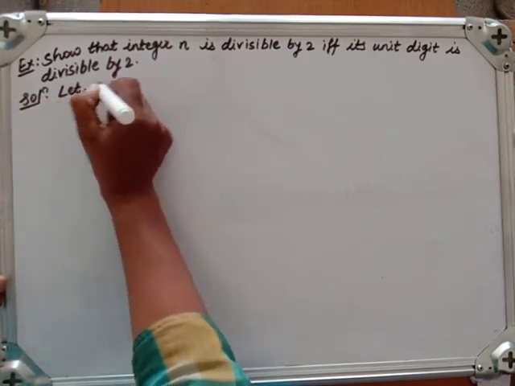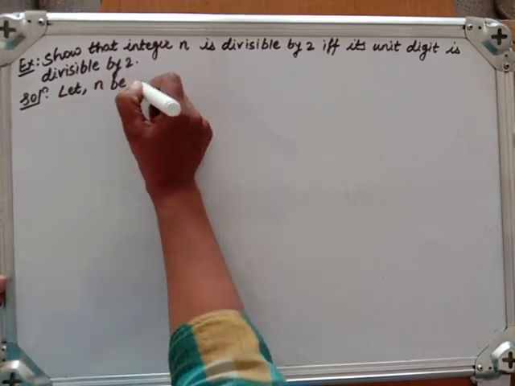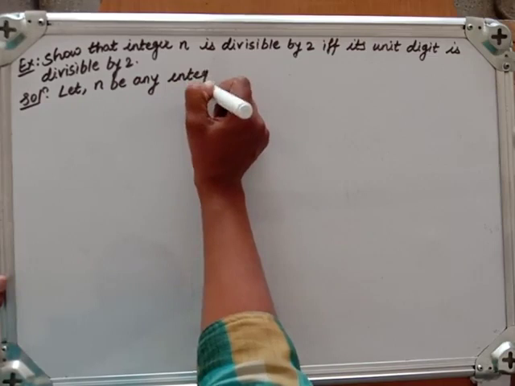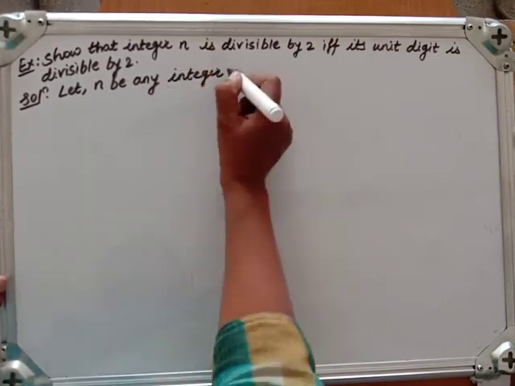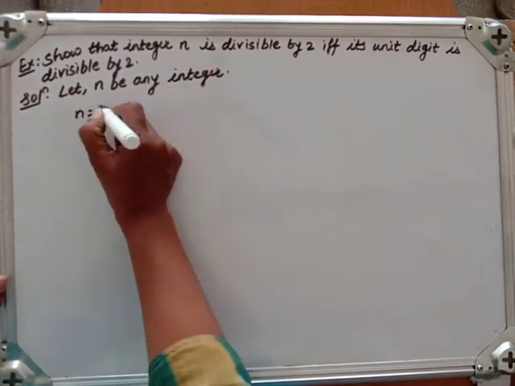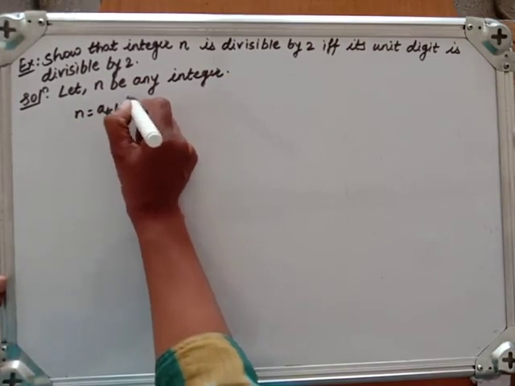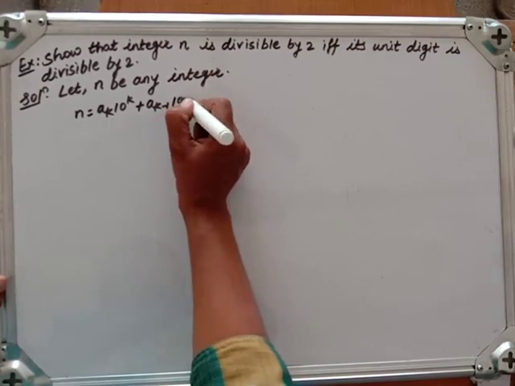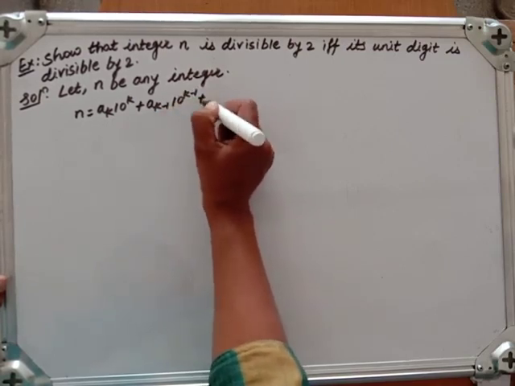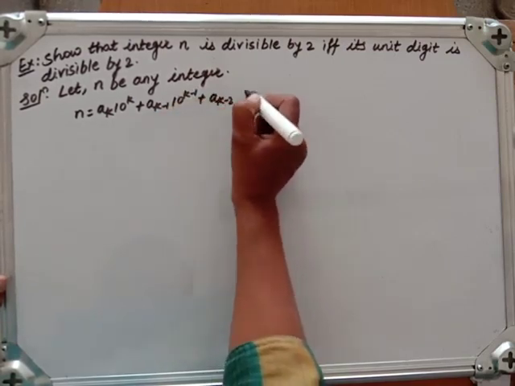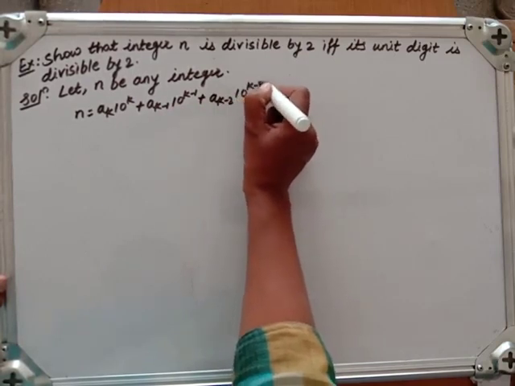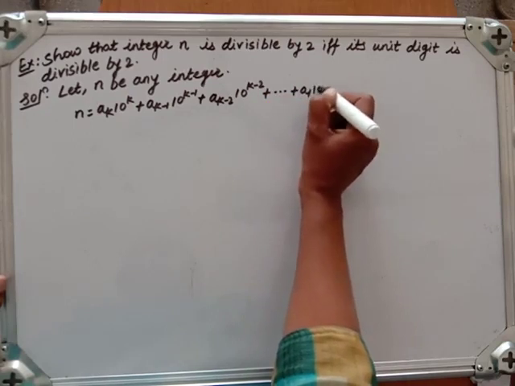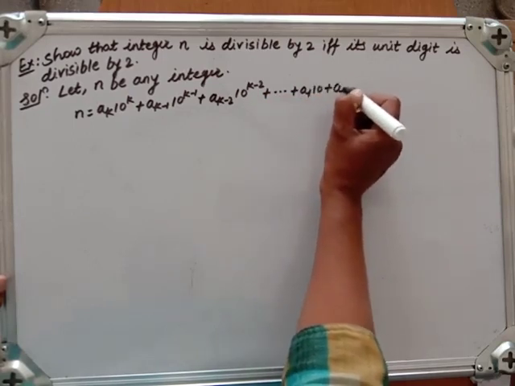Let n be any integer, n equal to ak 10 raised to k plus ak minus 1 10 raised to k minus 1 plus ak minus 2 10 raised to k minus 2 plus and so on plus a1 into 10 plus a0.